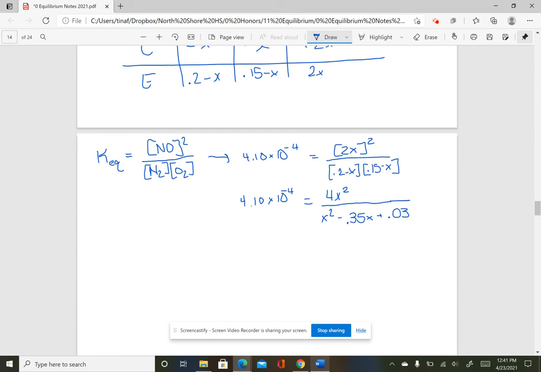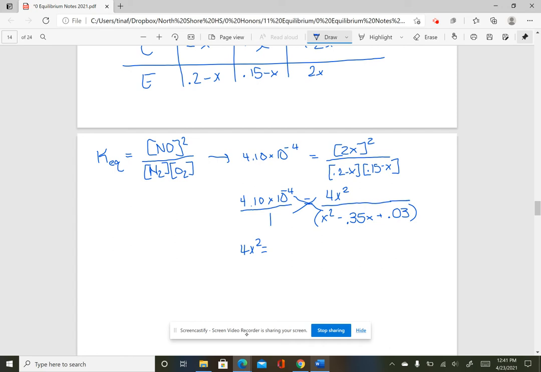So now I have this. If I throw this over 1 and I cross multiply, that's going to be my next step. I'm going to get this horrible looking thing. So 4x squared equals. Now I need to multiply this 4.1 times 10 to the negative 4 by everything in this denominator. It's going to be like distributing to everything. So I'm going to write this out as decimals instead of continuing to write it in scientific notation.